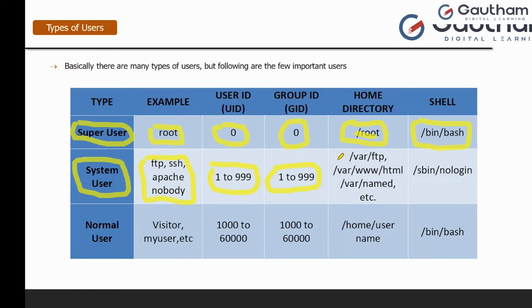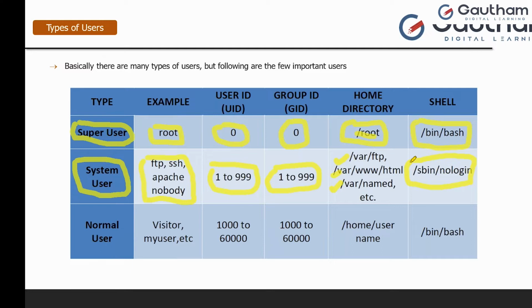The home directory reserved for system users is different for every application. FTP has a separate directory, Apache has a separate directory, DNS has a separate directory. But all of them have a very common thing, called /sbin/nologin. This shell prevents system users from logging in to the system.